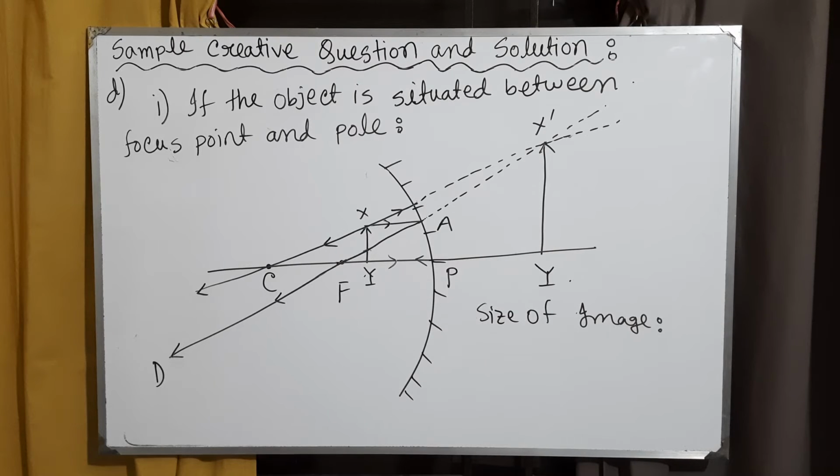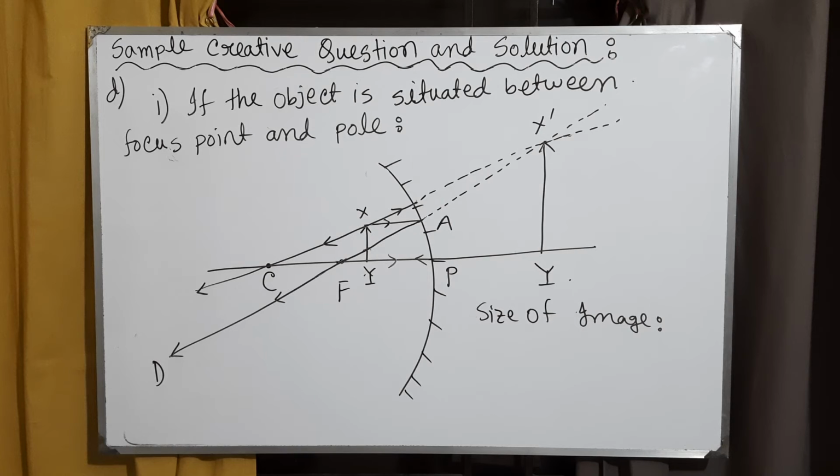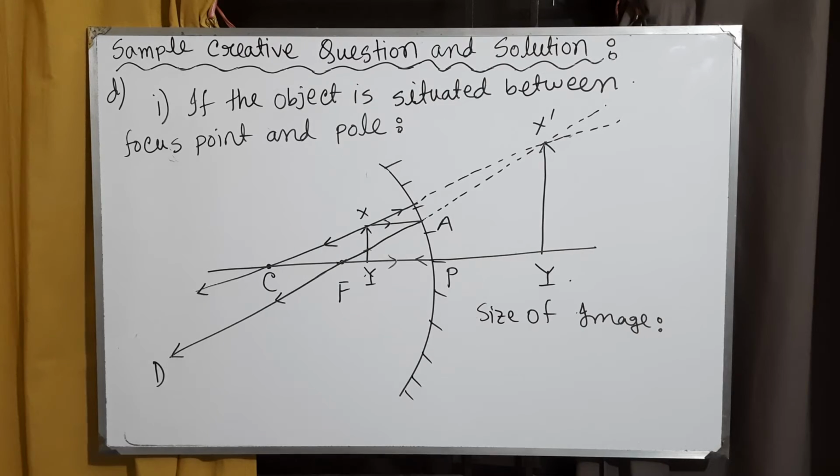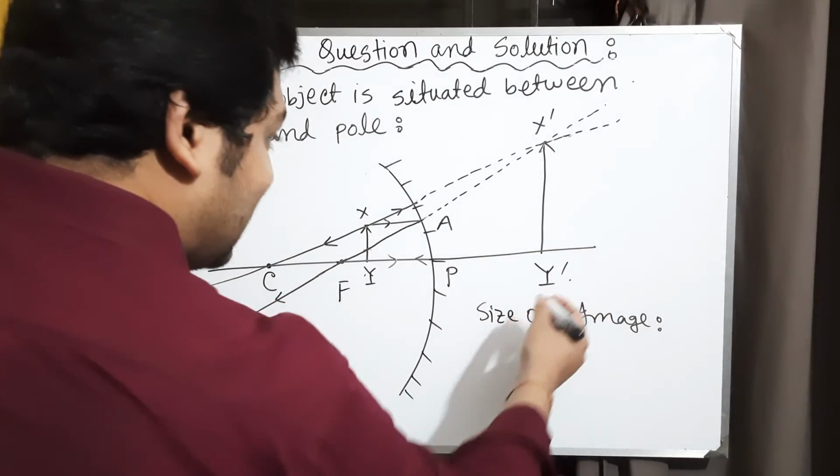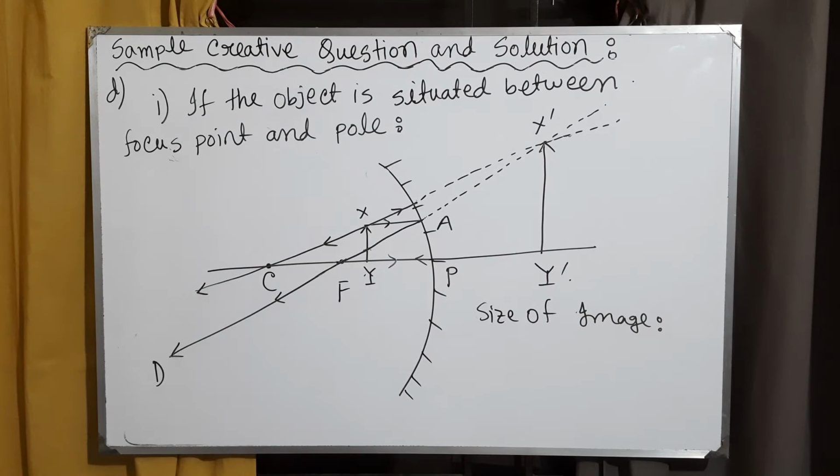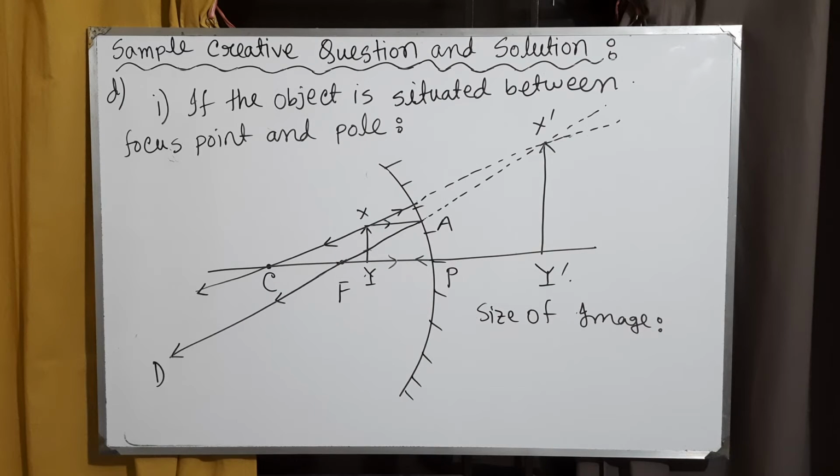Here if XY is our object, then we get X prime Y prime as our image, and from the figure you see that the image is bigger than the object.